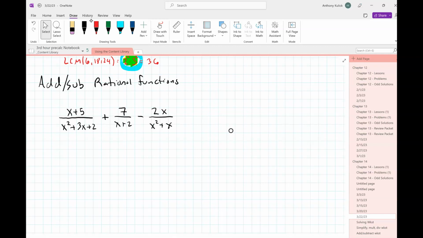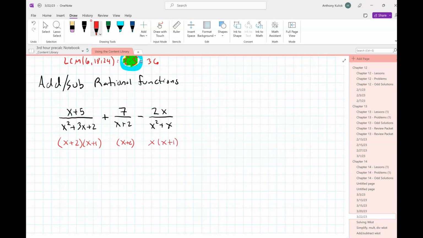First thing I'm going to want to do is factor. So all the numerators are prime, but two of my denominators can factor. x plus 2 is prime, but how do I factor x squared plus x? Yeah, I can just take an x out.